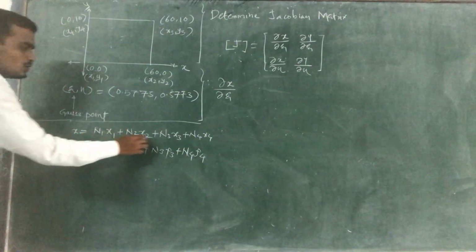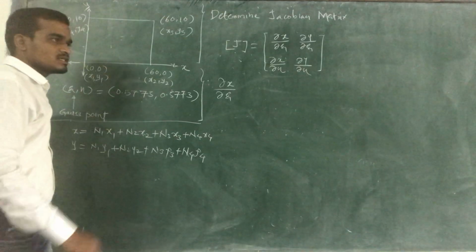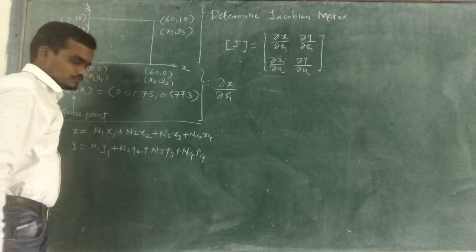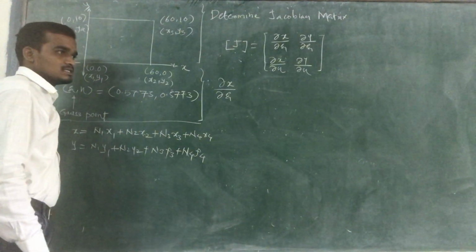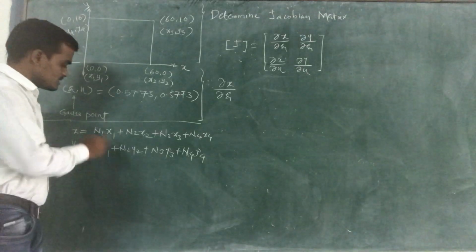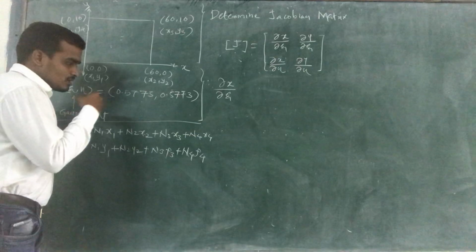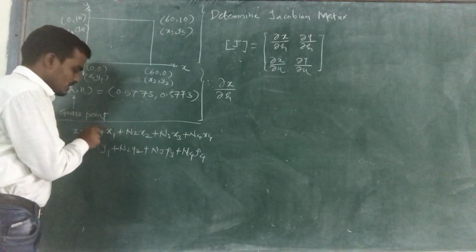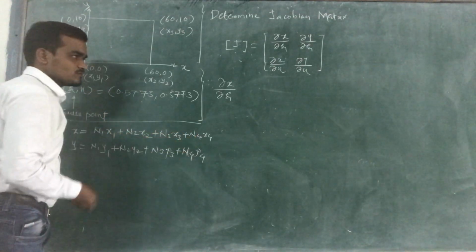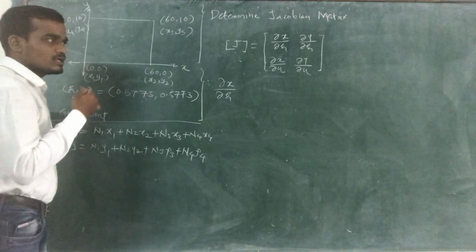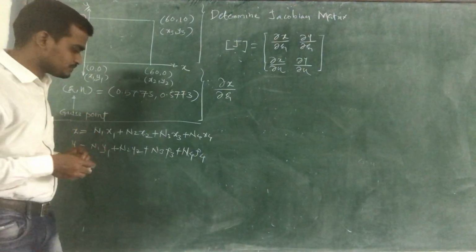Here n1, n2, n3 and n4 are the shape functions in the natural coordinate system. So first we need to know the formulas for n1, n2, n3, n4.